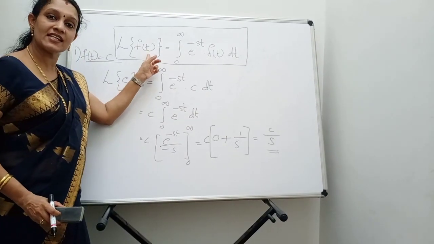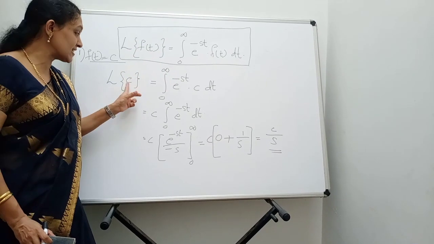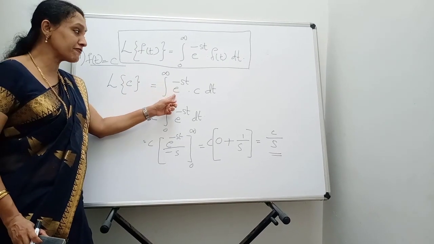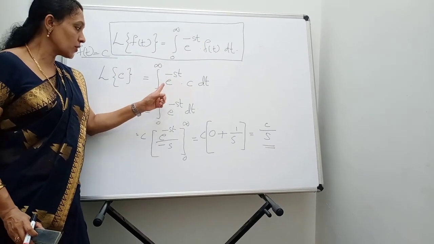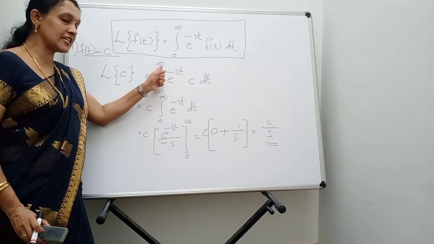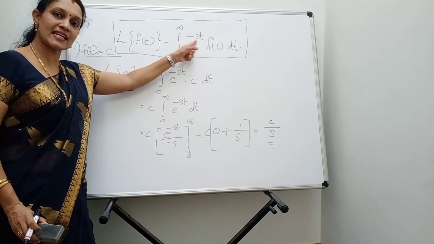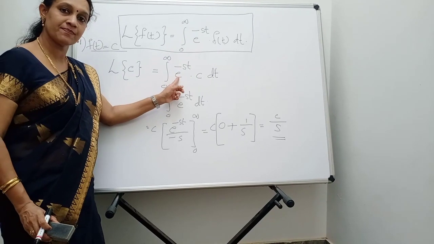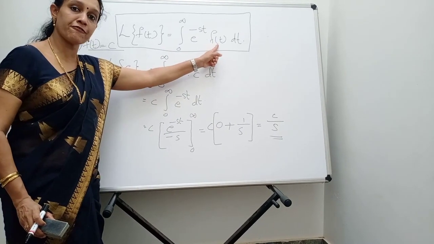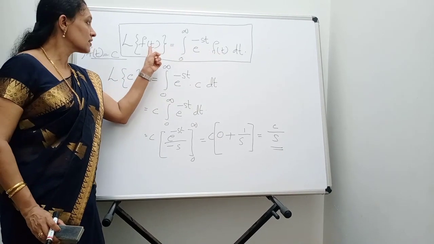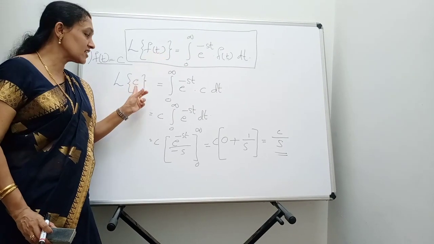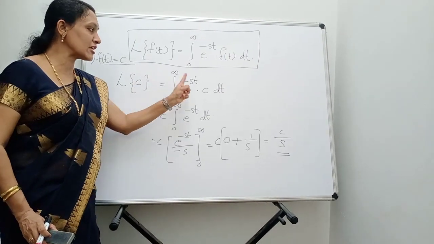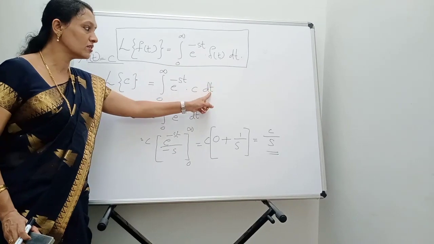If f of t is the constant function c, in the same definition you can substitute. So integral 0 to infinity e raised to minus st as it is. And instead of f of t, what should we put? The function here is c. So the same c you substitute here into dt.